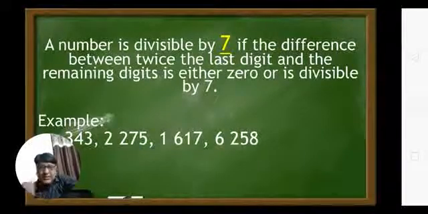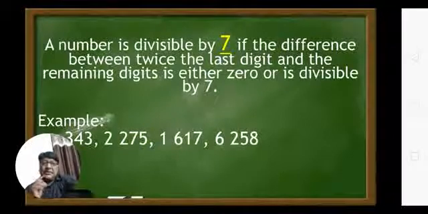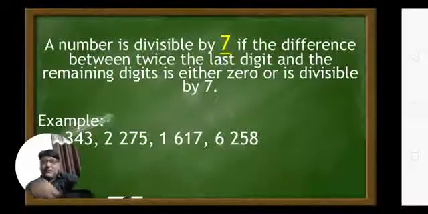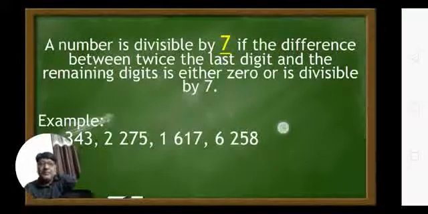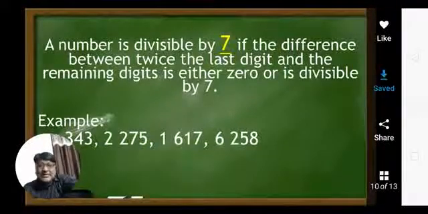Suppose on the unit place we can see that it's 3. So what is twice of 3? Twice of 3 is 6. And if we subtract 6 from 34, what remains? 34 minus 6 is equal to 28, and 28 is a multiple of 7.